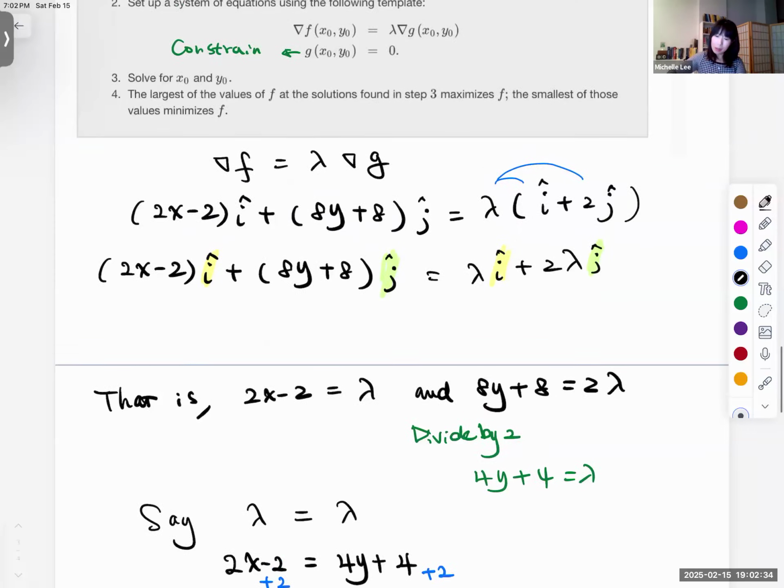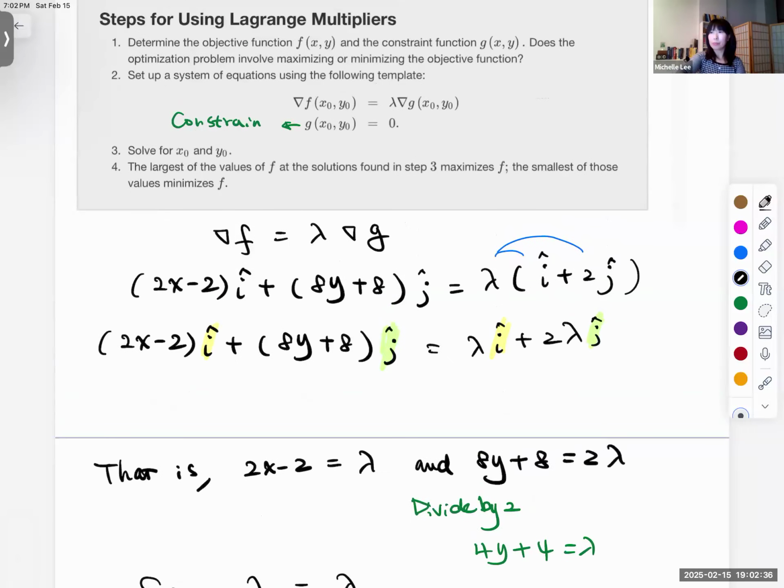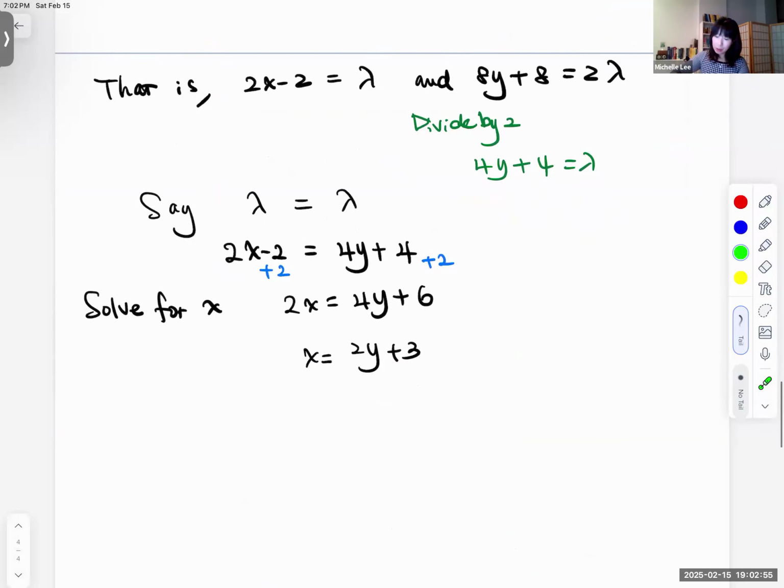And then they say that we can make the constraint a function, because we name that x naught, y naught, right? So this one we can make equal to 0, right? So let's substitute into the g function.